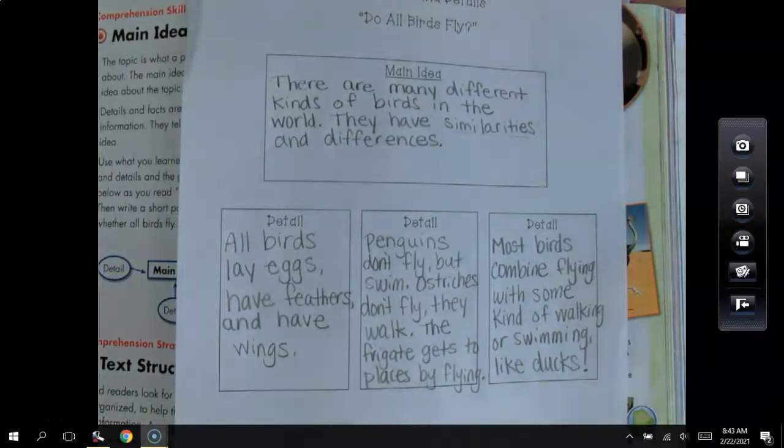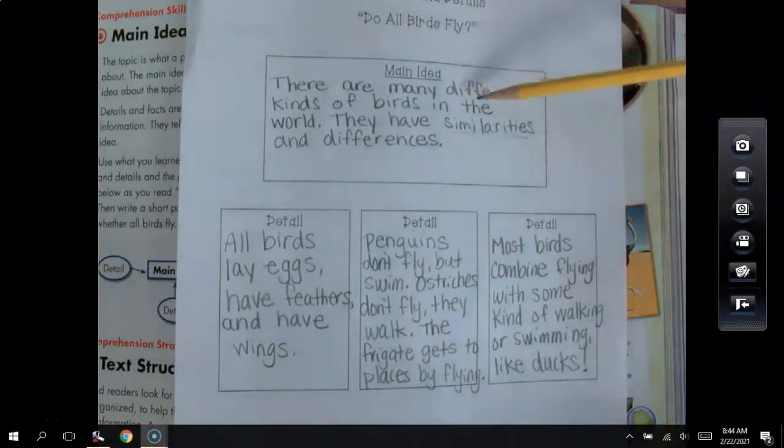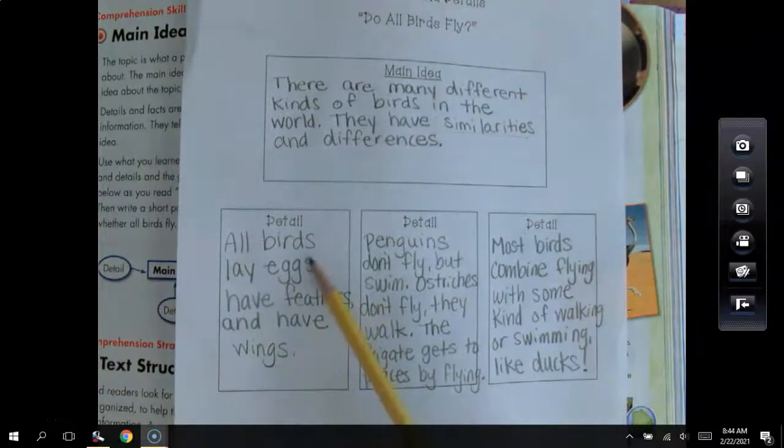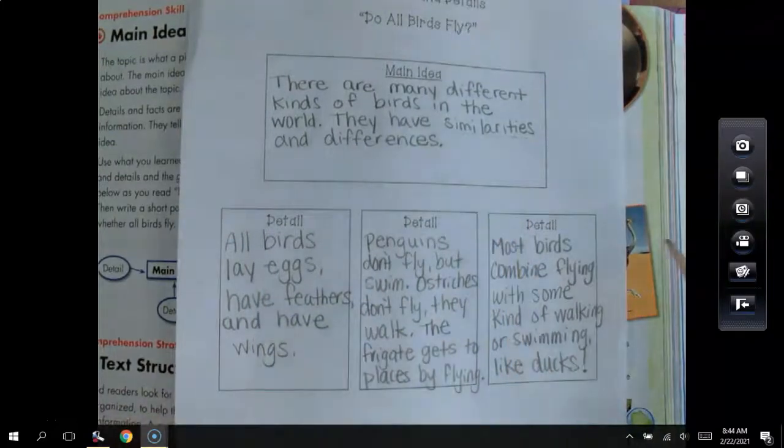Okay, boys and girls, so there you have it. We came up with our main idea based on the entire selection, Do All Birds Fly? We found our main idea to be there are many different kinds of birds in the world. They have similarities and they have differences. We were able to prove our main idea was correct by providing details that support the main idea. All birds lay eggs, have feathers, and have wings. I just told how they are similar. Now we share how they're different.